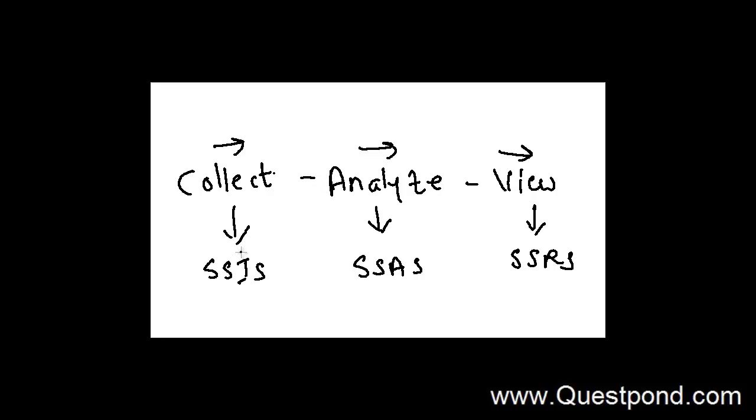So let's start with the first thing, SQL Server Integration Services. What exactly is SQL Server Integration Services? Let's start with the first step in business intelligence, that is collecting the data. The main goal of SSIS is collecting data from various sources and consolidating, or gathering, the data at one central location so that we can analyze it.